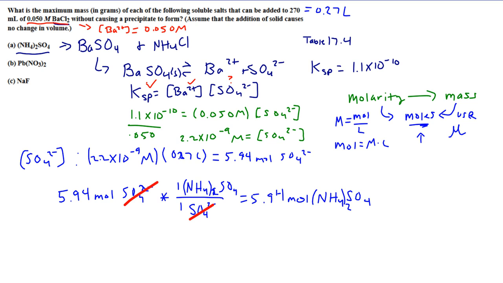So we're at moles. Last step is to get to the mass. So if we go from moles to mass, we're going to use molar mass. So molar mass, if you add up all your nitrogens, hydrogens, sulfurs, oxygens, it has a molar mass of, let's see, I wrote it down, 132.15 grams per mole. So let's multiply by that molar mass. 5.94.